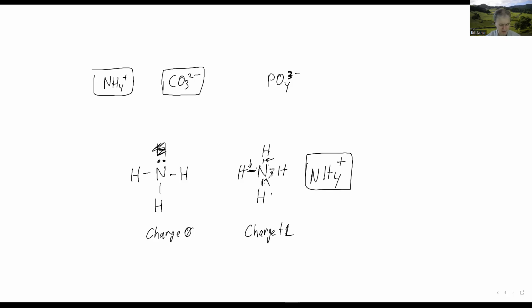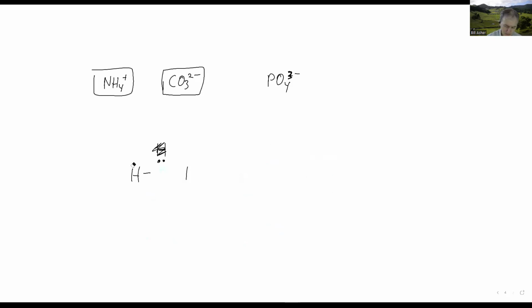Okay, it's kind of confusing, but it makes sense. Now, if we look at, for example, carbonate, carbonate looks like carbon, right? And it has 4 electrons around it. And then we have 3 oxygens.